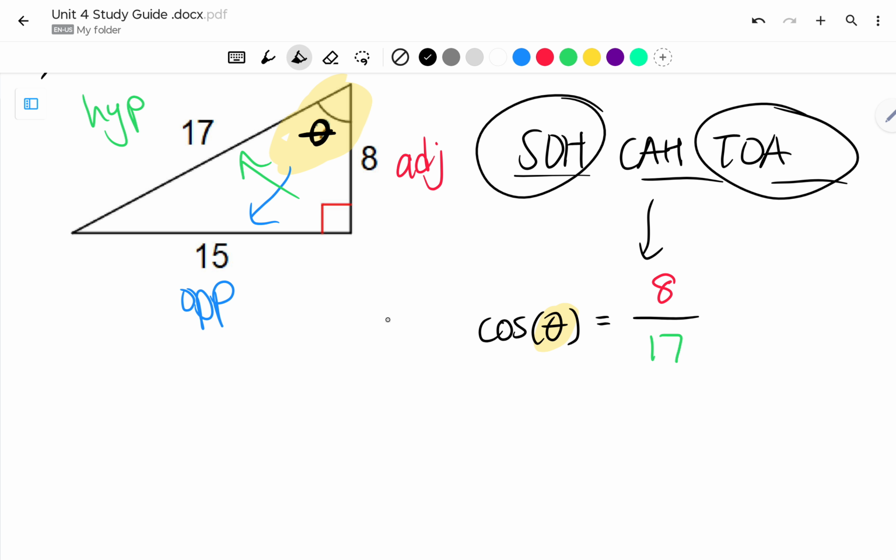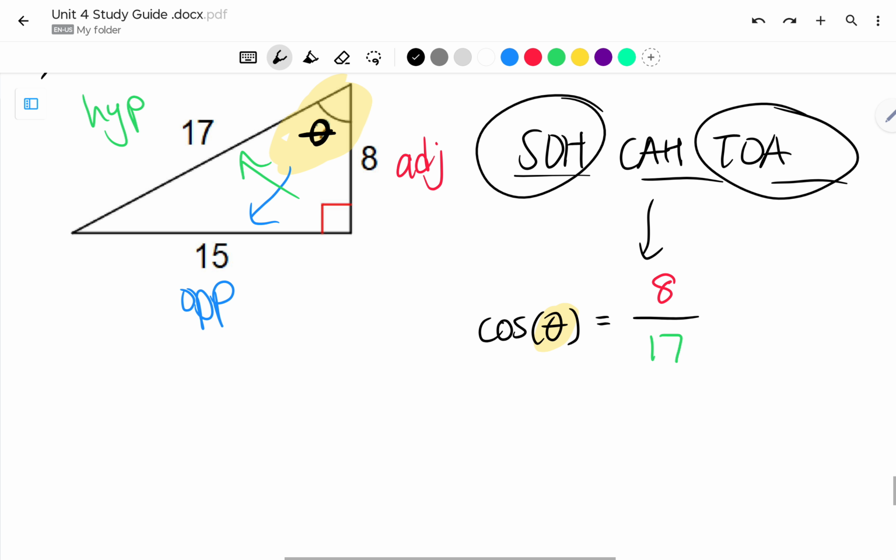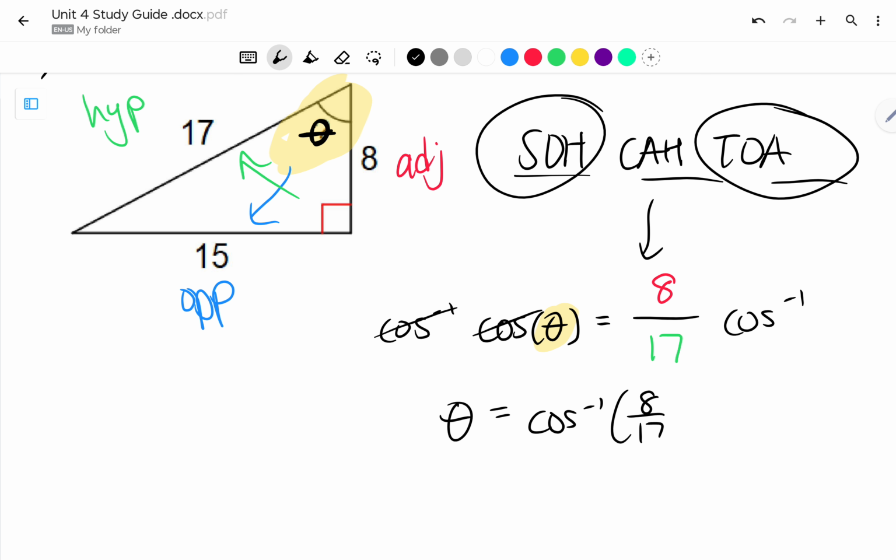And we're going to do inverse cosine on both sides. Boom. Goodbye. Boom. Goodbye. So you're left with theta. And then remember, bring this to the front. Punch that in the calculator. You get, I guess, 62 degrees when you round it to the nearest degree.